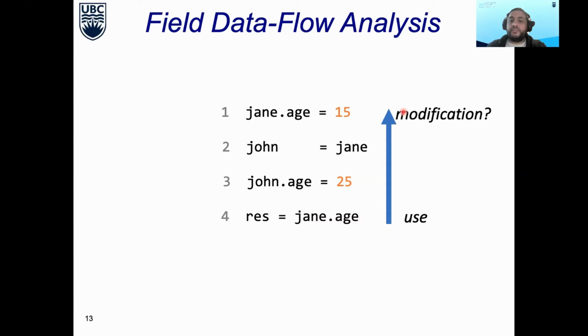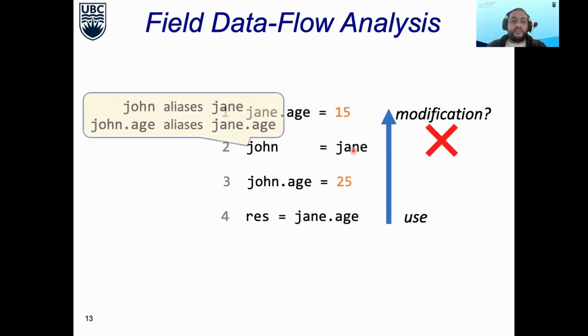We find the modification at line 1, but that's not actually the correct modification of the field, and that is because at line 2, the variable John alias is Jane, which means that John.age at line 3 also aliases Jane.age, which makes line 3 the actual modification of the field, since the assignment to John.age is also an assignment to the field that it aliases, which is Jane.age.